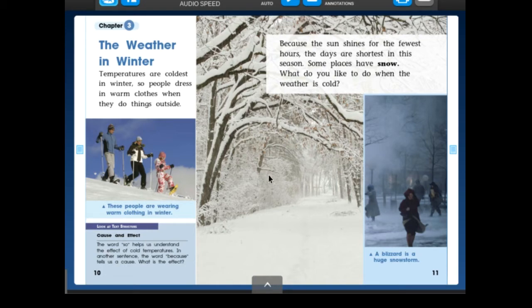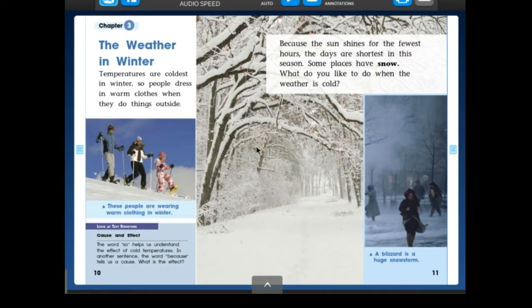Did we hear anything that might tell us why? Did we hear that signal word, so? Let me read again. Temperatures are coldest in winter, so people dress in warm clothes when they do things outside.